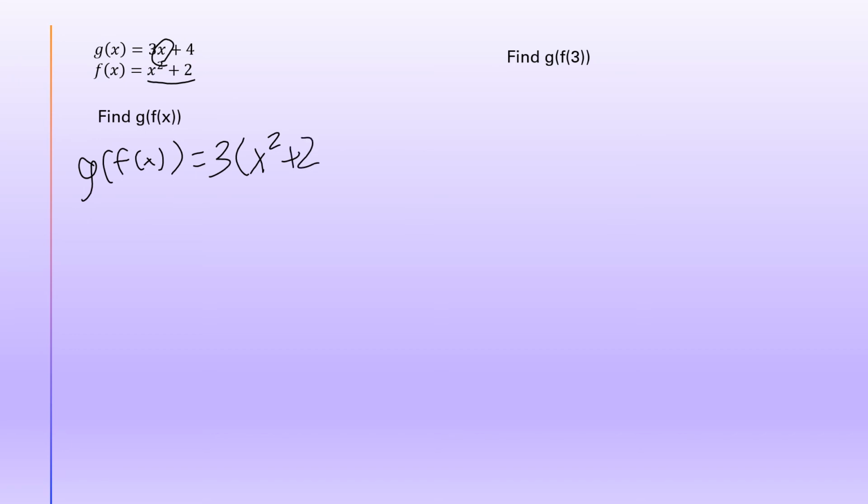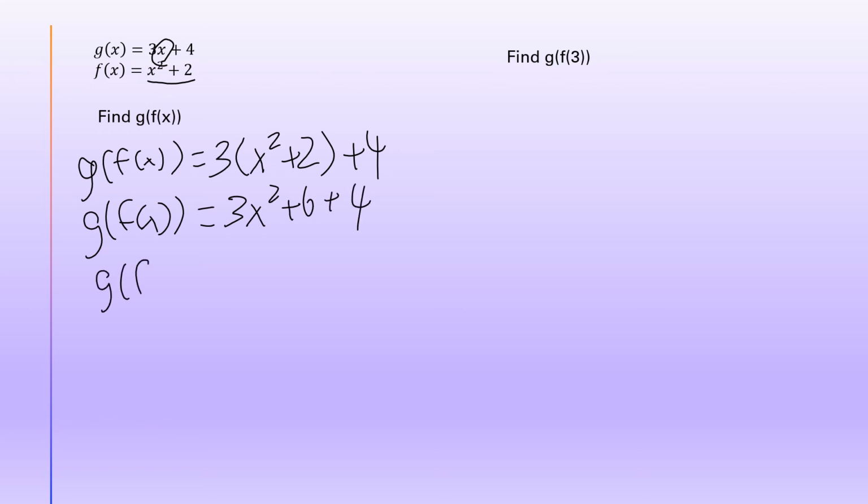So 3 times x squared plus 2, plus 4. G of f of x equals 3x squared plus 6 plus 4. So g of f of x equals 3x squared plus 10. And that's the composite function we get.